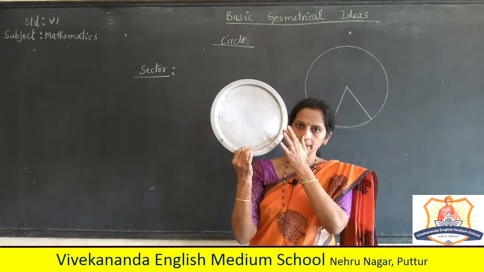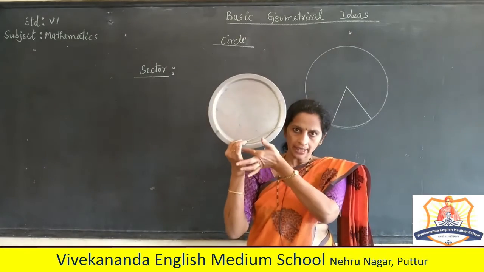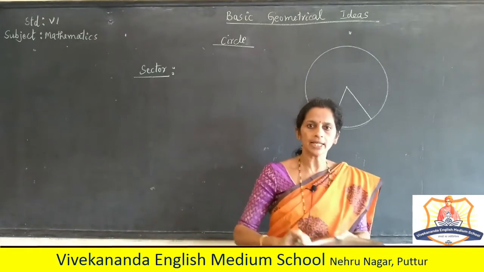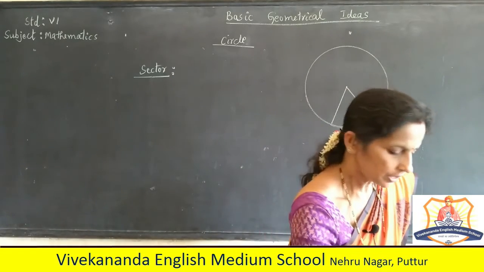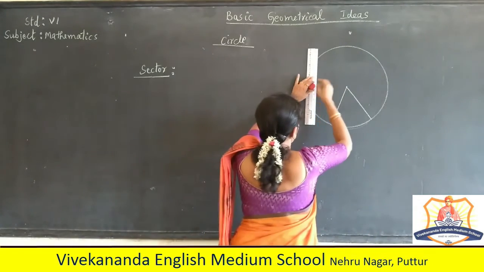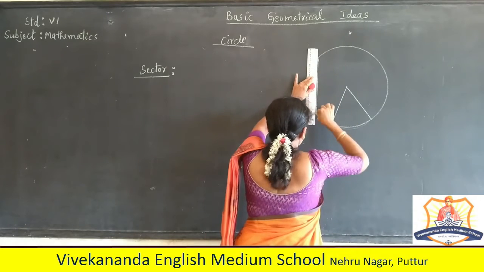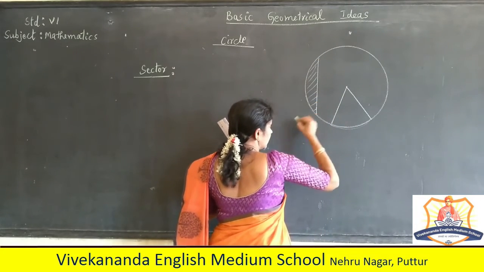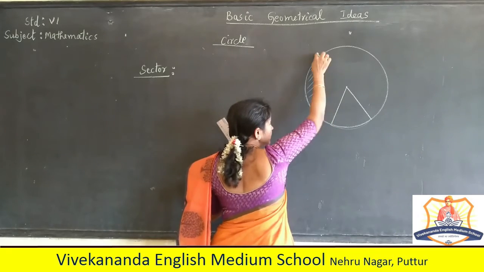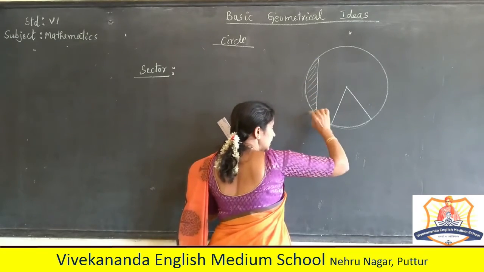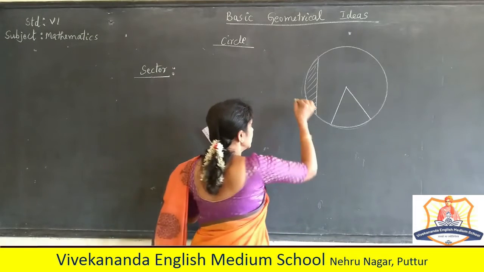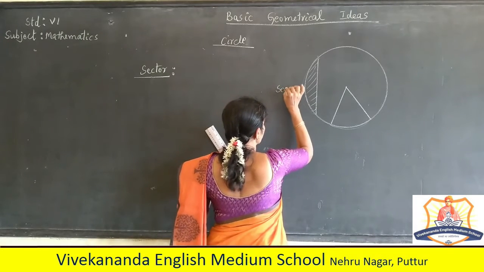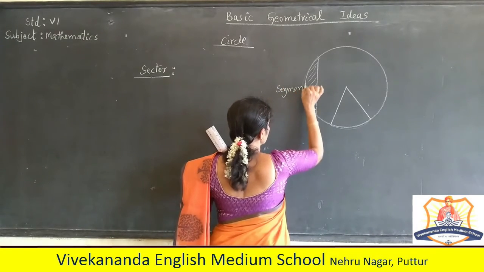The region bounded by the chord and the arc of the circle is known as a segment. So here in the picture I draw one line like this, and the region bounded by this chord and this arc of the circle is known as a segment.